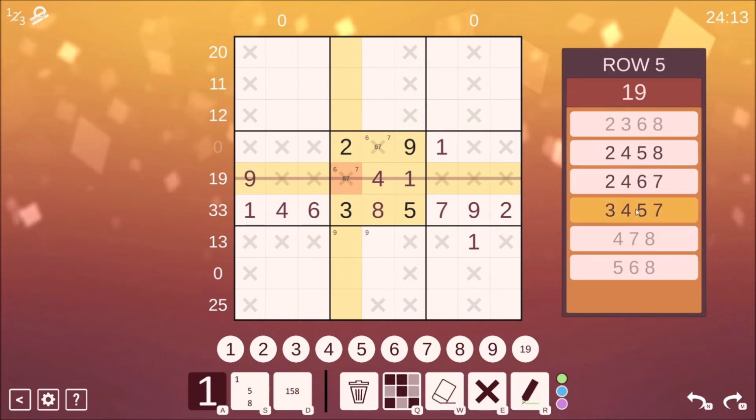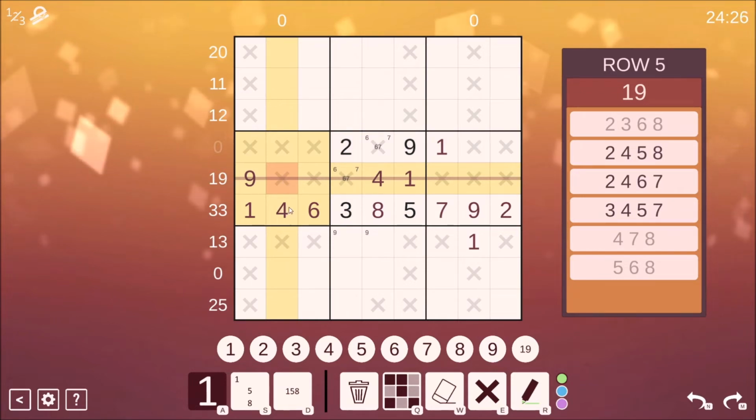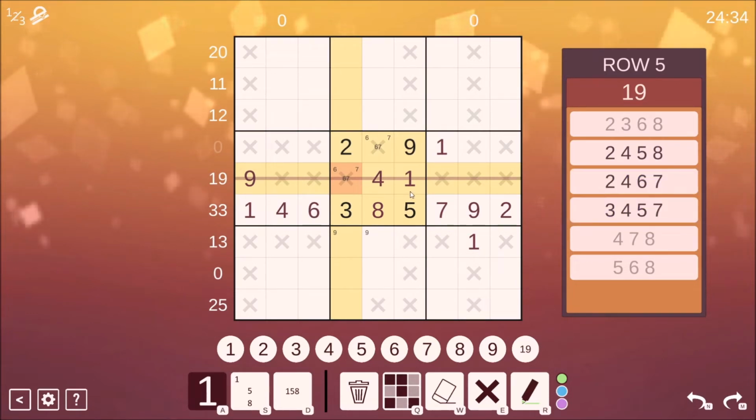Now, can we place a 7 here with this? If we had a 7 here, we would still need the 3 and the 5. However, they're both blocked from this position by the 4. So we actually can't place a 7 here in either of those. So we can go ahead and say this is a 6.